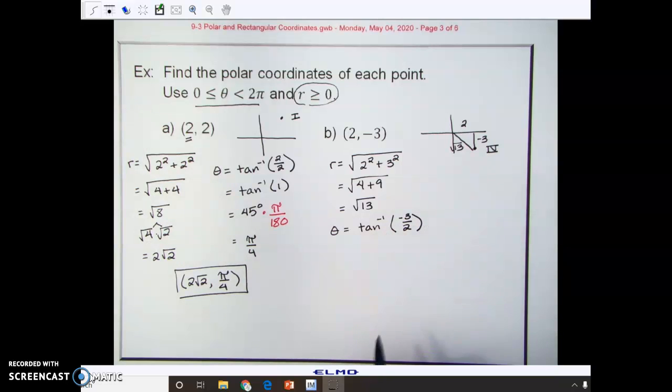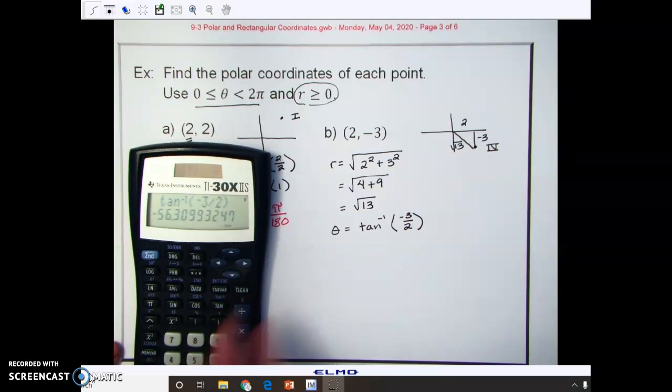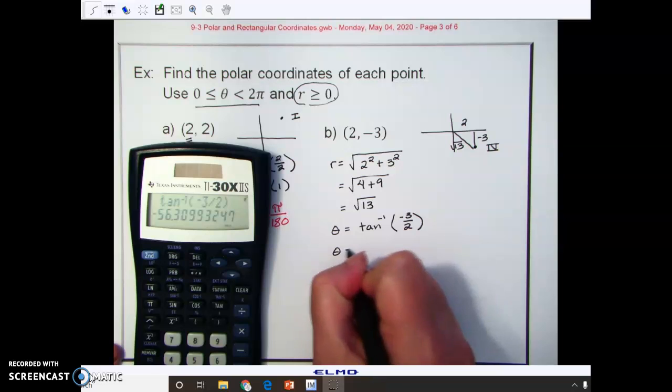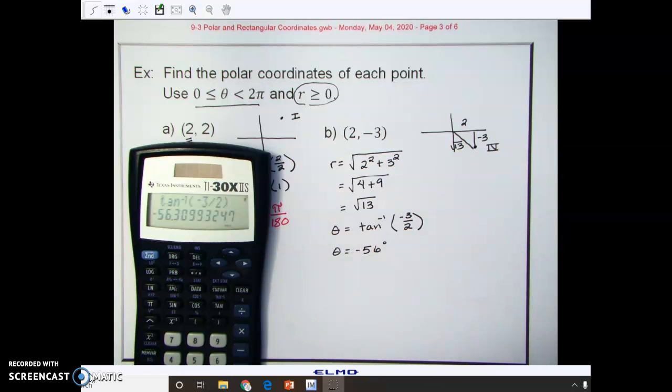Now this is not one of our typical triangles. It's not one of our special triangles. So making sure your calculator is in degrees, you're going to do inverse tangent of negative 3 over 2, and we get negative 56.3. So we'll just say negative 56 degrees.